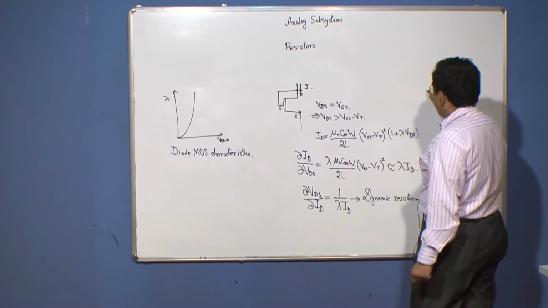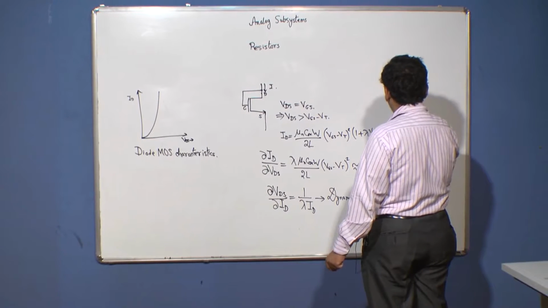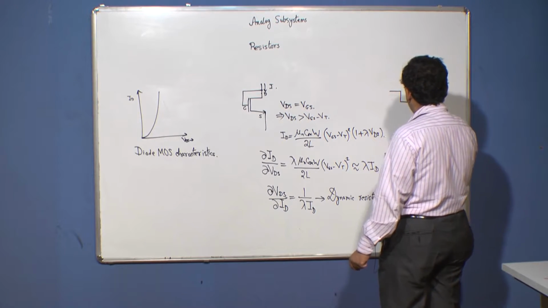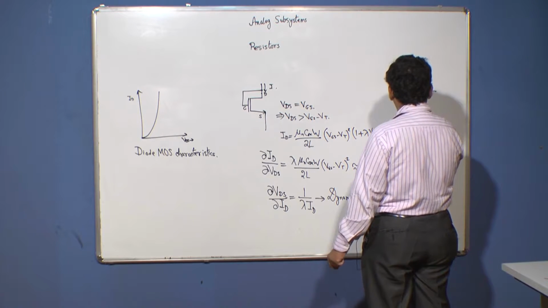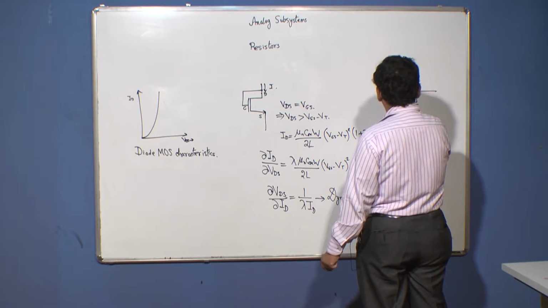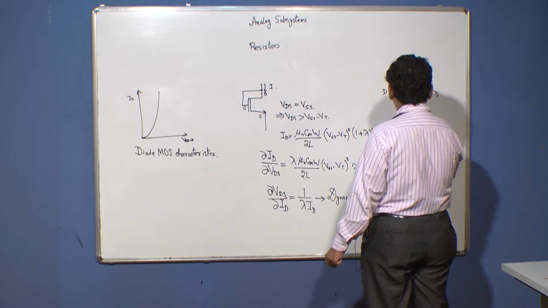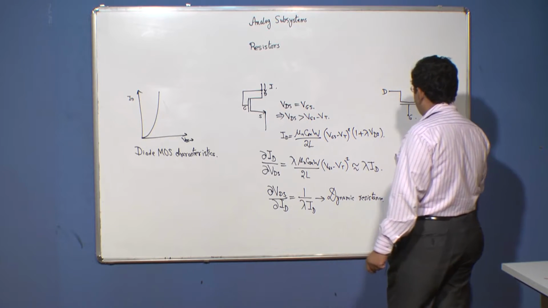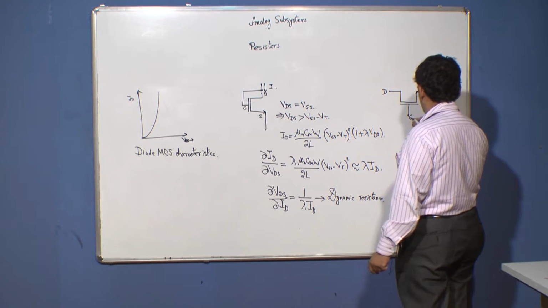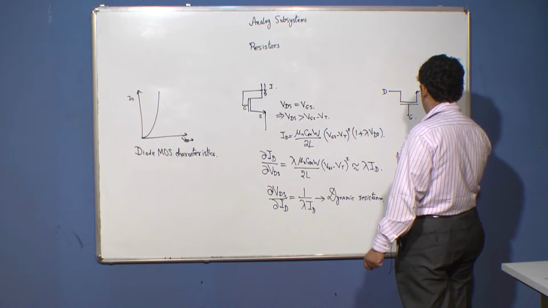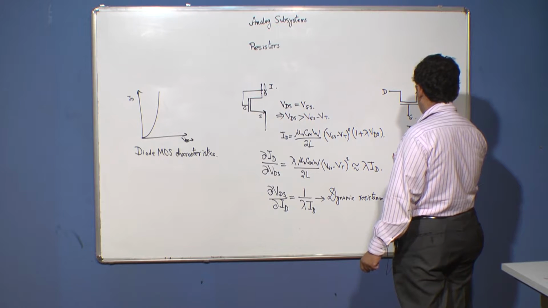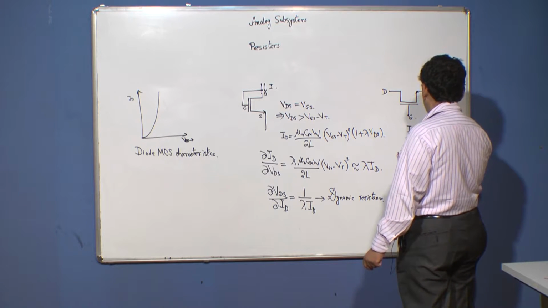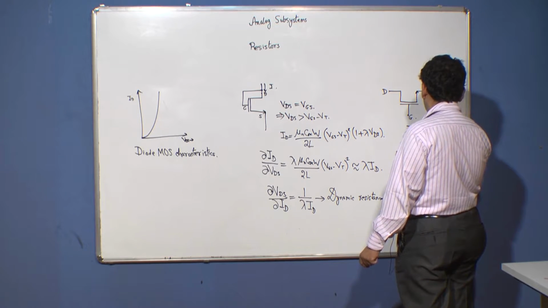Now, if you consider a MOS circuit like this, then you can write ID equals to mu n COX.